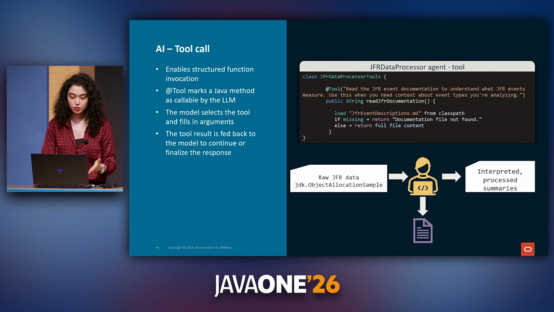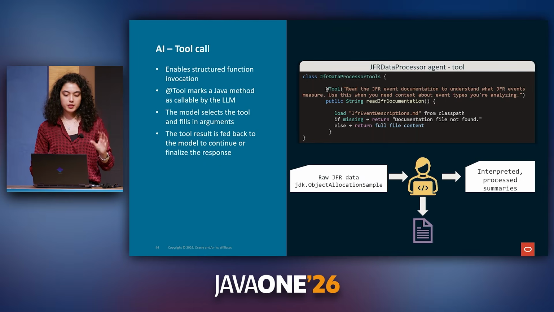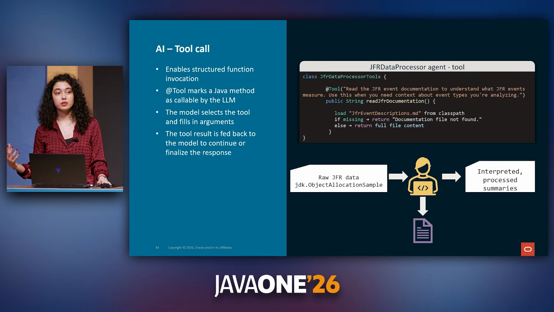And how does the agent use this? For instance, when it receives something like JDK object allocation sample in the raw JFR data, it can refer to the documents and collect some information. By using this context, it can create meaningful, interpreted, processed summaries.